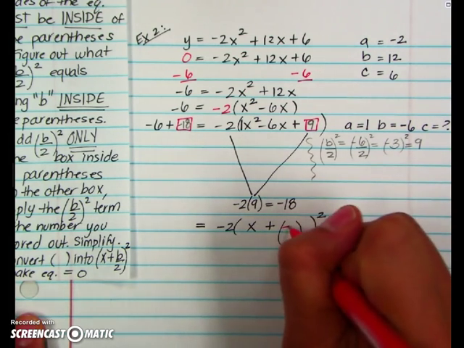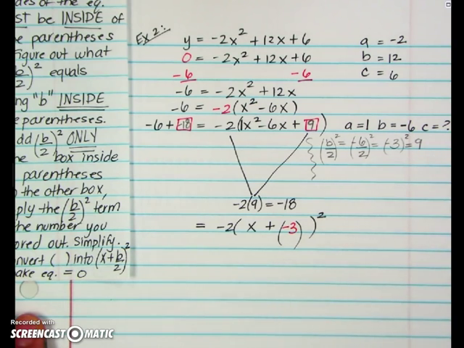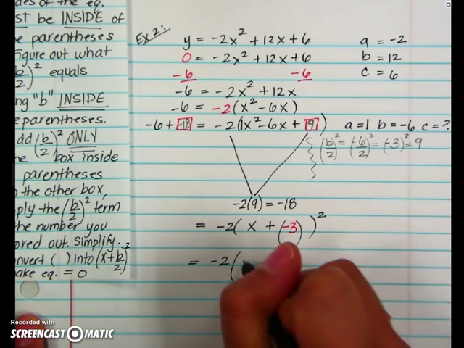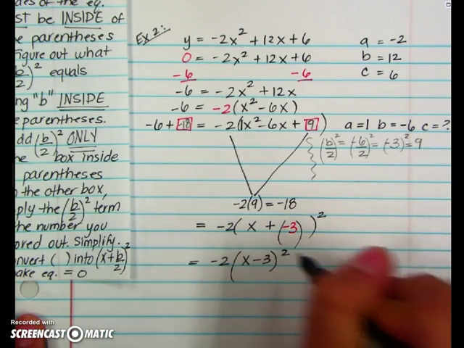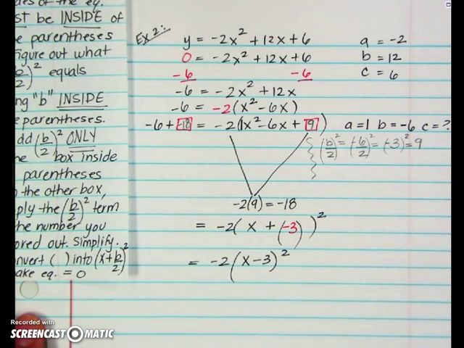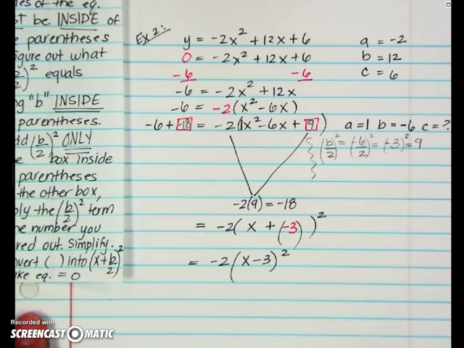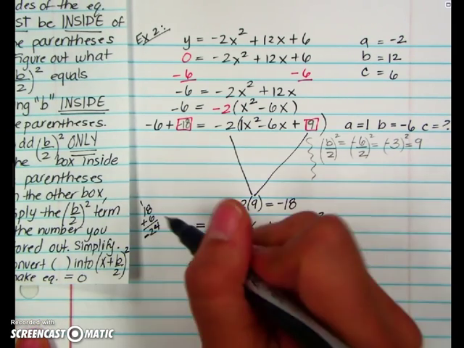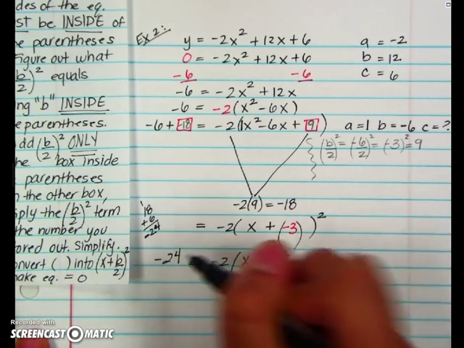So you're going to put a -3 here. So you have -2 parentheses x minus 3 squared is equal to, what's -6 plus a -18? So I added 18 plus 6 gives me 24. Since they're both negative, I get a -24.